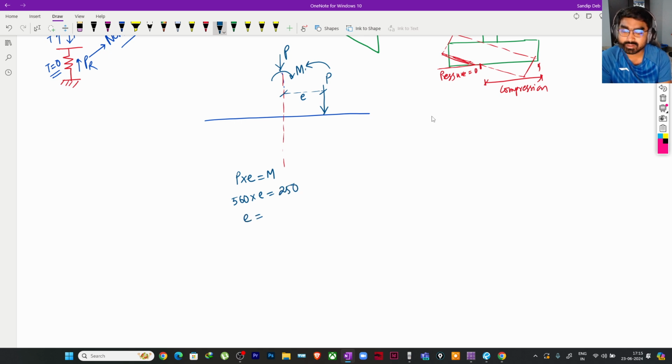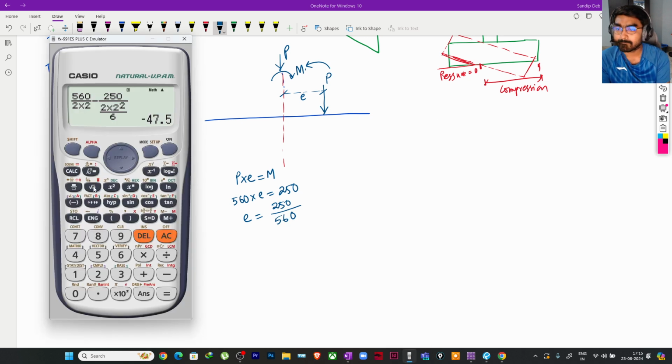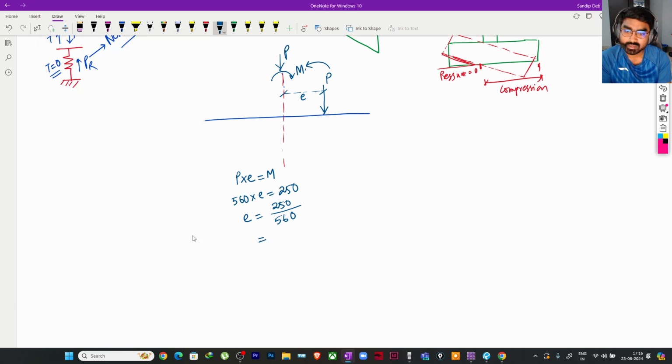This eccentricity will be 250 divided by 560, correct? So how much are we getting? We are getting a value of 0.446, so eccentricity equals 0.446 meter. So this value we are getting is 0.446, correct?